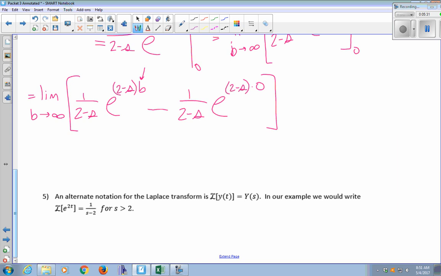Then 2 minus s will be negative, and if you let b go really big, this is a really big negative exponent. So e to that thing will be really, really small. It'll approach 0, so this whole term goes to 0 for s bigger than 2.